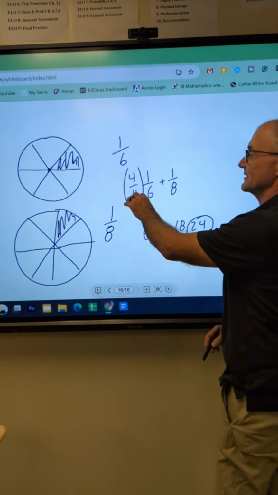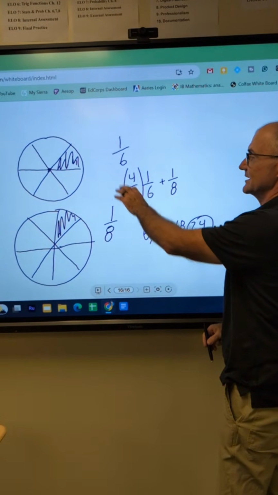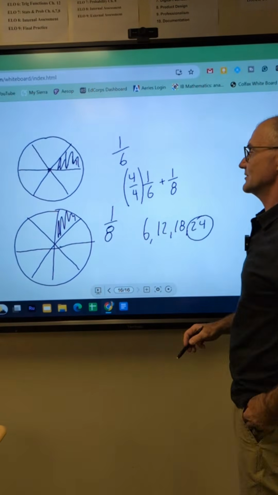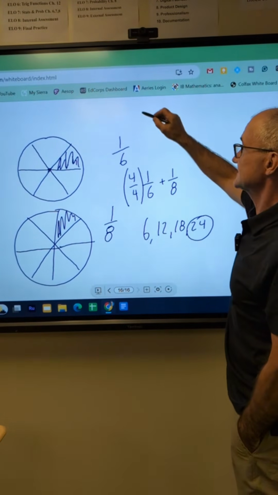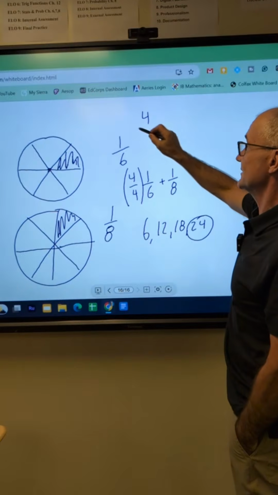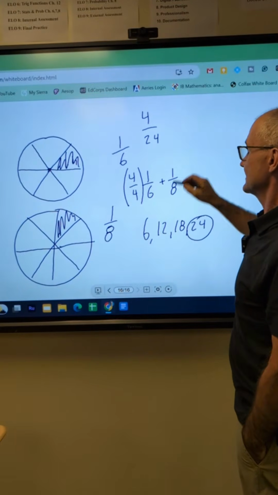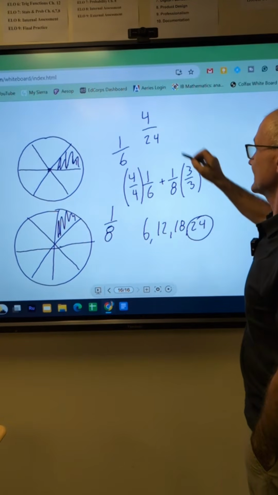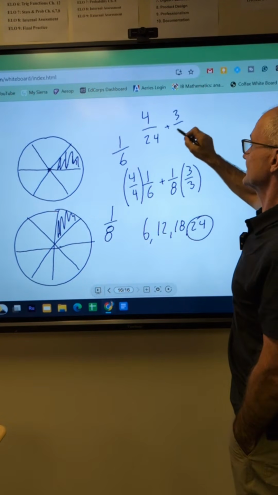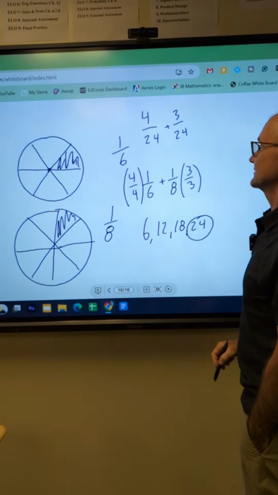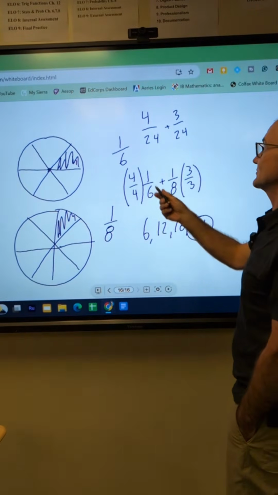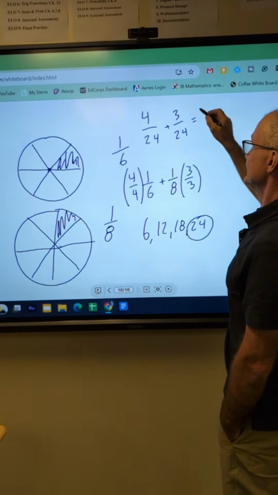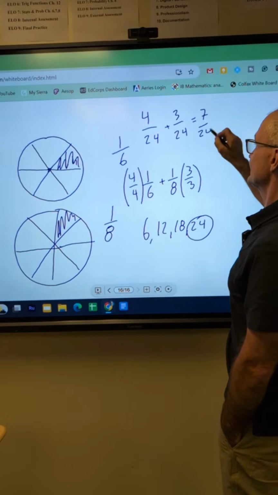I can't just multiply by 4. It's going to change the value. So I got to multiply by a factor of 1, 4 over 4. So I multiply across the top to get 4. On the bottom, 24. This one I'm going to multiply by 3 over 3. That's going to give me 3 over 24 to give me a total of 7 over my common denominator of 24.